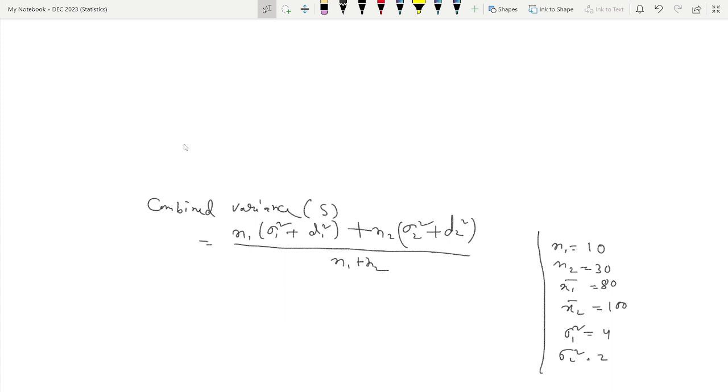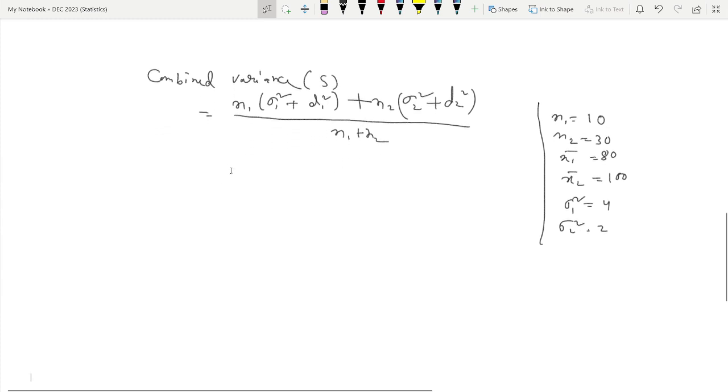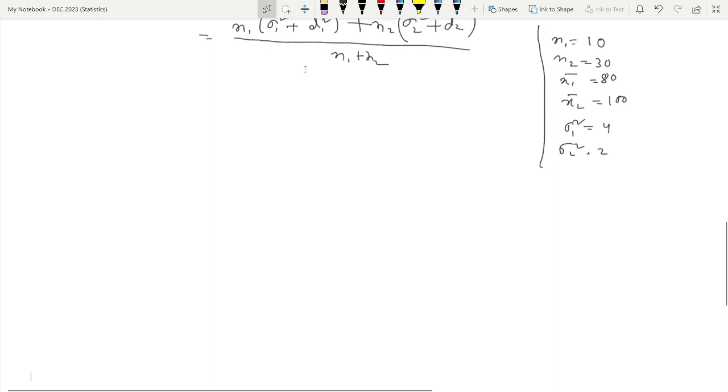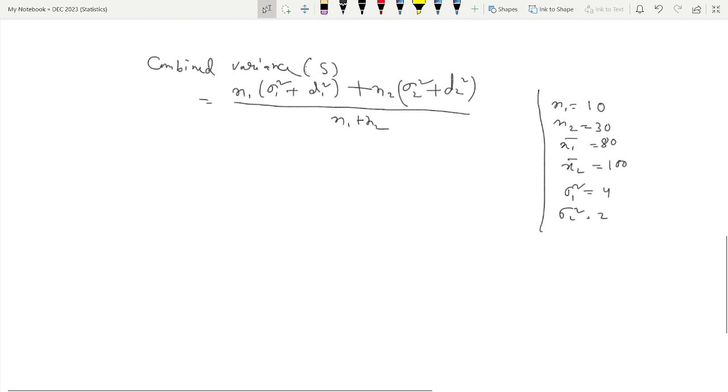And now what is D? D1 is equal to x1 bar minus x bar, where x bar is the combined mean and x1 bar is the mean of group 1. And D2 is x2 bar minus x bar.